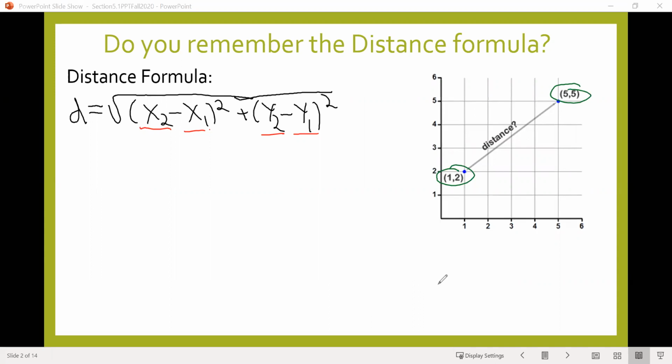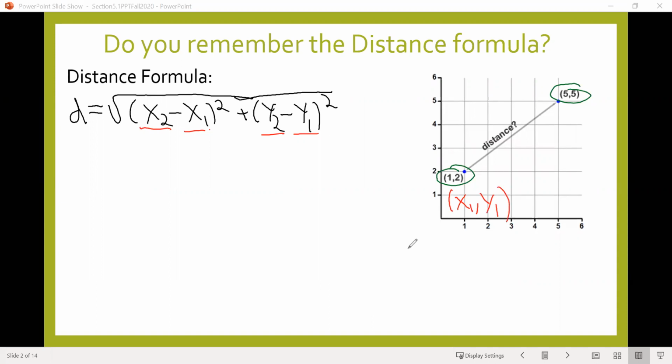In order to use the formula, we need to pick one set of points to be x2 and y2, and one set to be x1 and y1. It doesn't matter which one we choose to be which, but here is what's important: if I choose the point (1, 2) so that the value 1 is x sub 1, then the value 2 must be y sub 1.